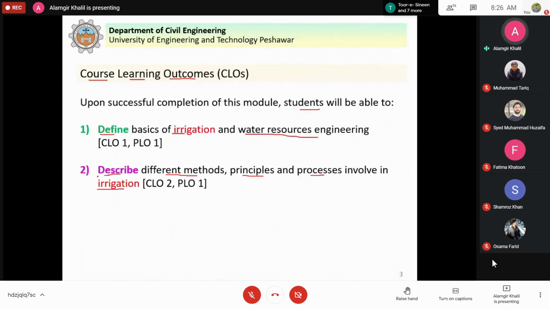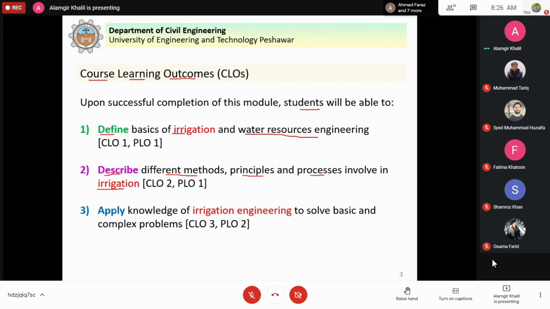So you should be able to describe all these that are involved in irrigation. And the third CLO is to apply the knowledge of irrigation engineering to solve basic and complex problems.